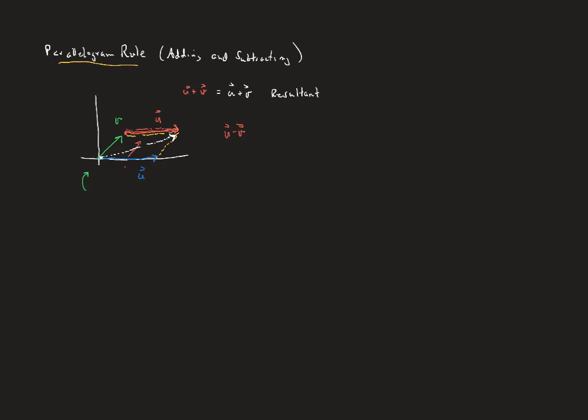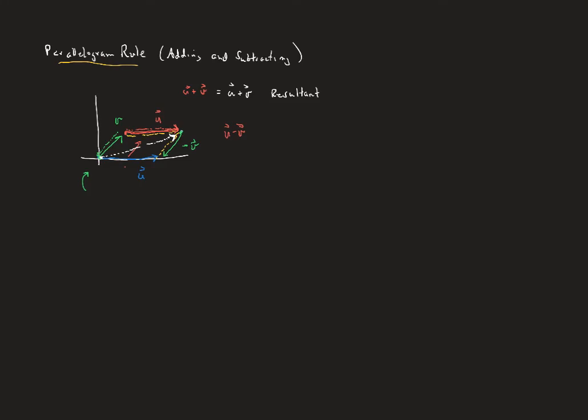Then I'm going to take this vector v, and I'm going to multiply it by -1, which is going to change its direction. It's still going to be the same length, but it's going to go in the opposite direction. And then I'm going to slide that so that it comes over here. So this is now negative v that I have moved so that it is tip to tail with vector u.